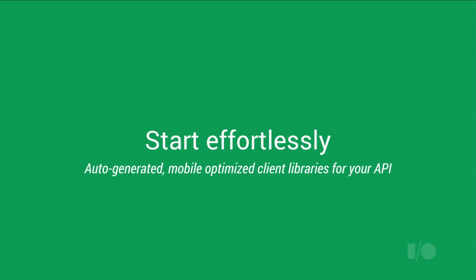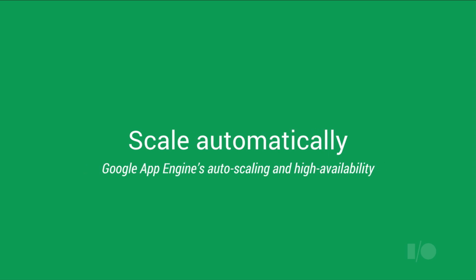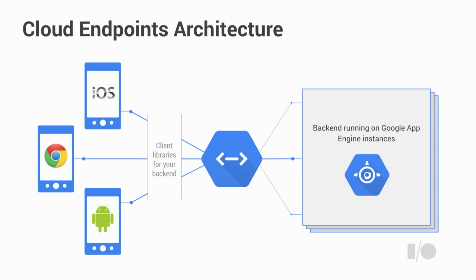And you can start communicating with your app really, really easily by calling the client libraries which are produced for your backend from the Android app. And then finally, as your application grows, your backend is also going to scale automatically because under the hood, it's actually powered by Google App Engine, which comes with its own auto-scaling and high availability guarantees.